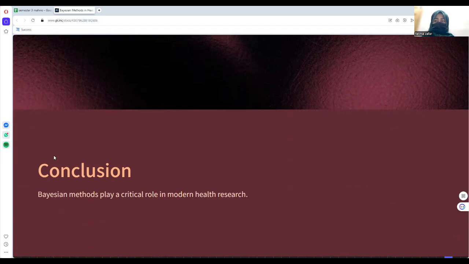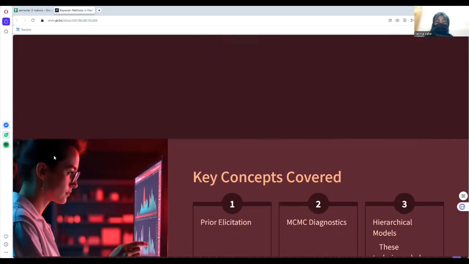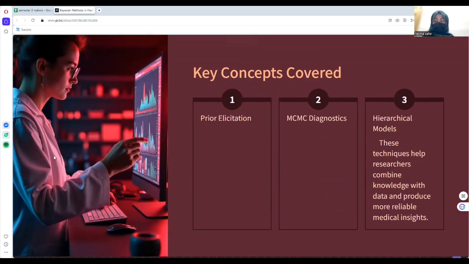To conclude, Bayesian methods play a critical role in modern health research. The key concepts we covered are prior elicitation, which is analysis before we have the data, then Markov chain Monte Carlo diagnostics, and finally hierarchical models.